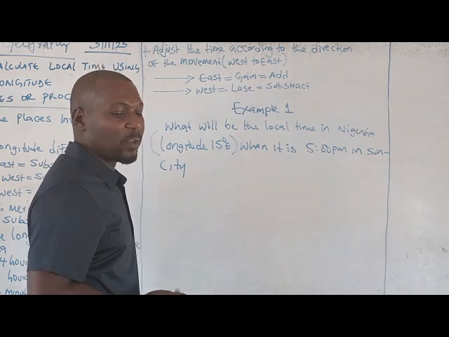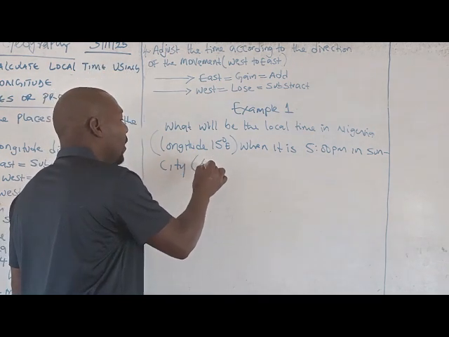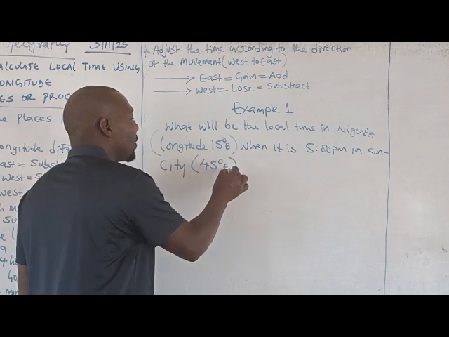And for Sun City, they have given us the longitude as 45 degrees east.